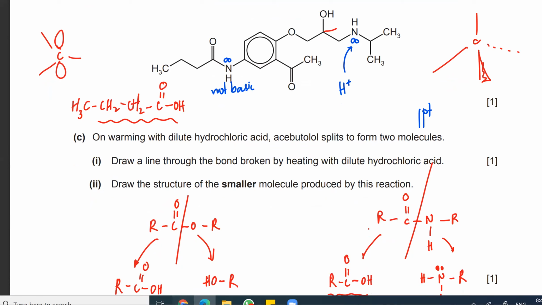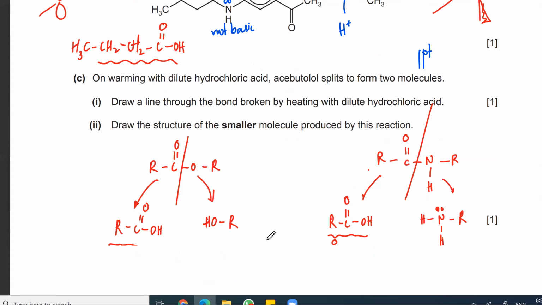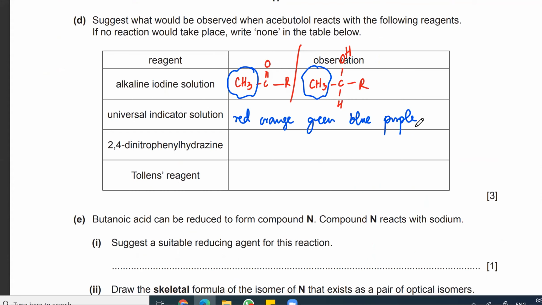It's actually even a stronger base than ammonia. Alkyl amines that have carbon chains next door are strongly basic because the carbon chain has an electron donating effect, so the lone pair charge density is higher and they accept H+ more strongly. So this one would be slightly basic, which is why it is going to be blue in color.